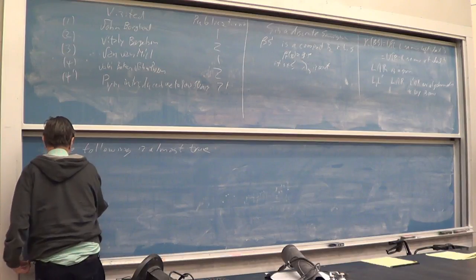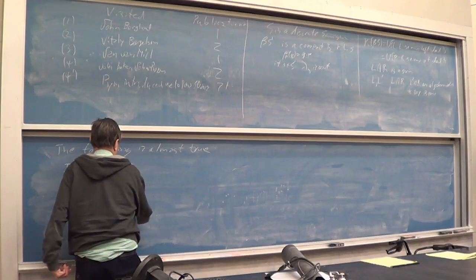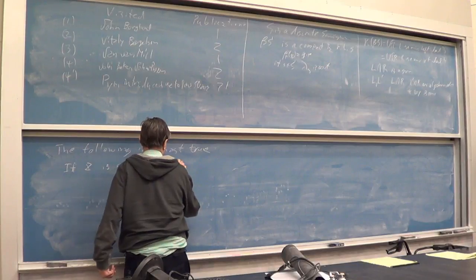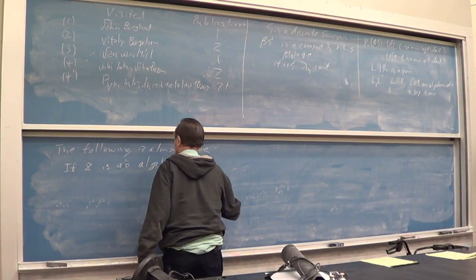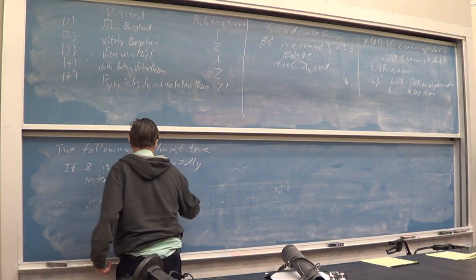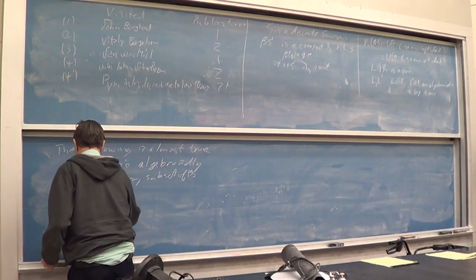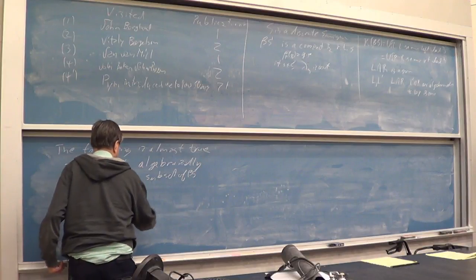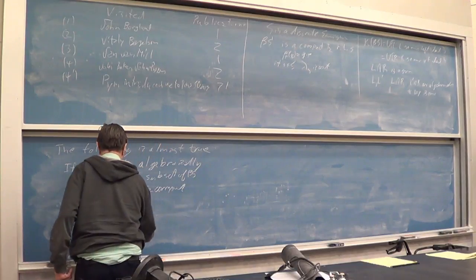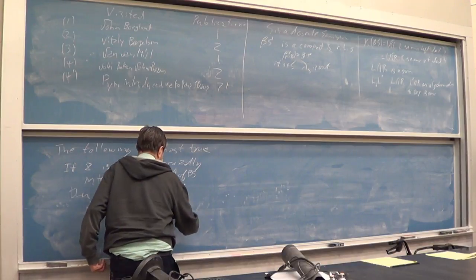But, okay, the statement is that if X is an algebraically interesting subset of beta S, then either X is compact or X is not bereft.